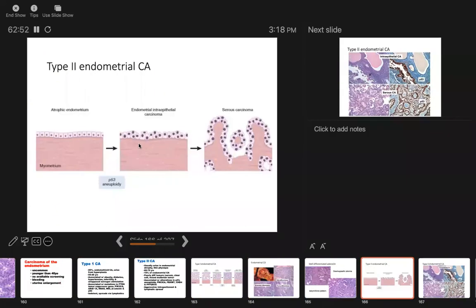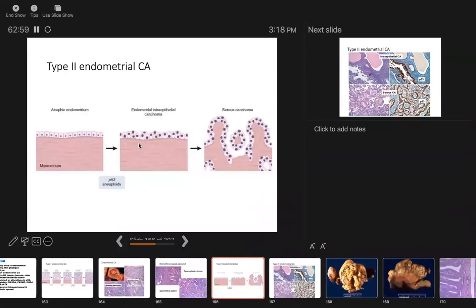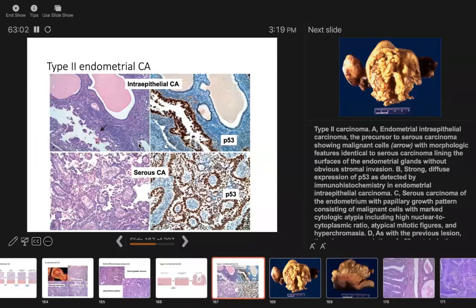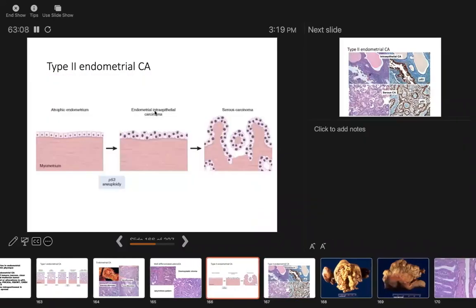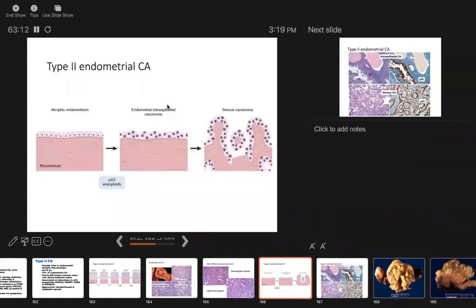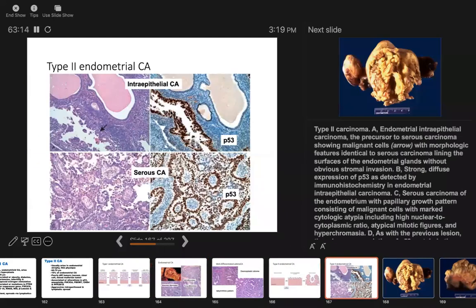So, going to look at this illustration. This is an example of type 2 endometrial carcinoma. So, going back again, you have endometrial intraepithelial carcinoma as the precursor lesion. So when you say intraepithelial, it is supposed to be confined to the glands.